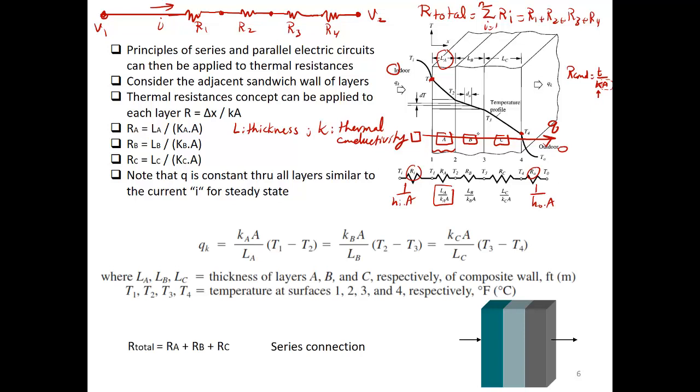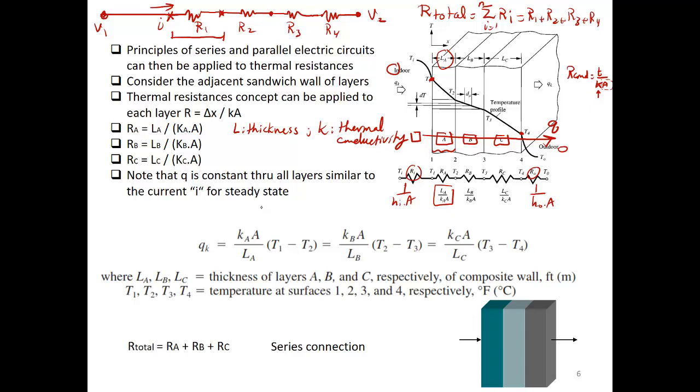Now, because Q is constant through the 3, it flows at a constant rate, so it's equal, similar to the current here. I is this delta V divided by the corresponding resistance. So the same goes with the temperature and the thermal resistance.